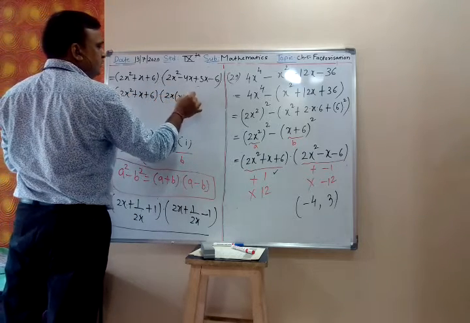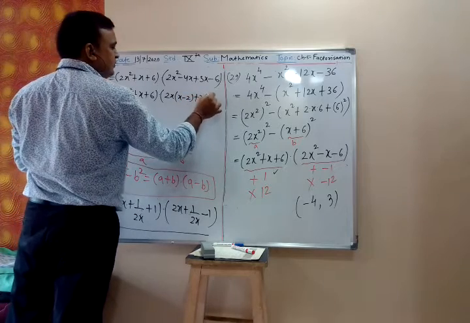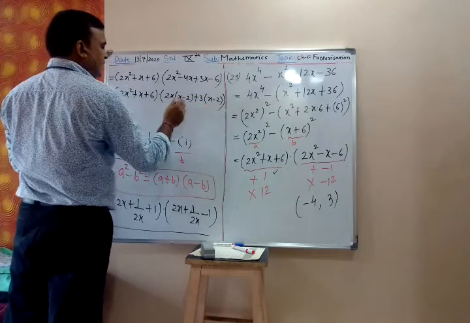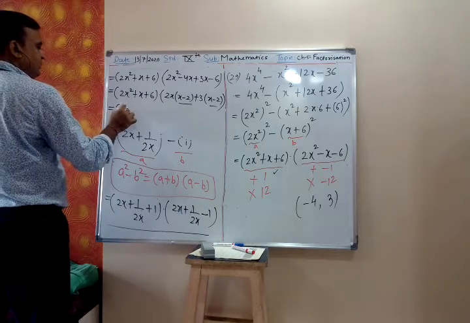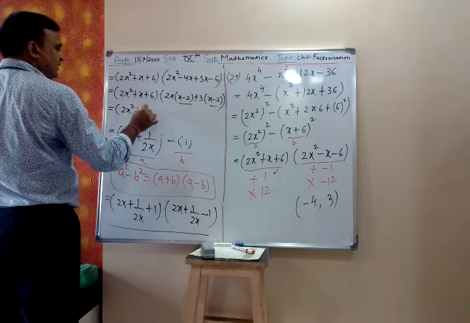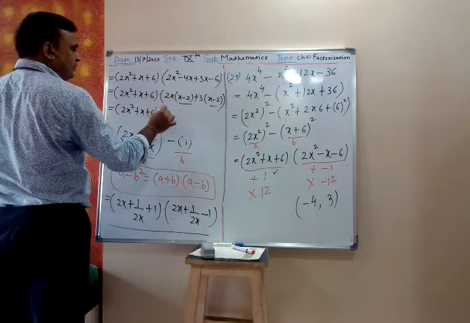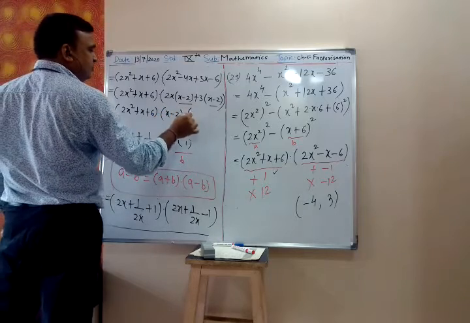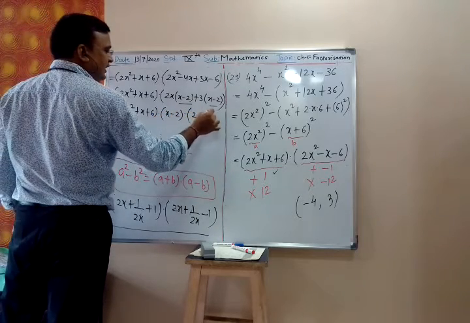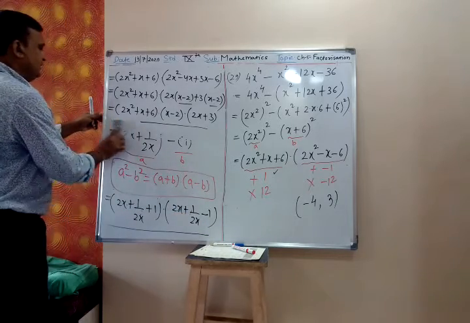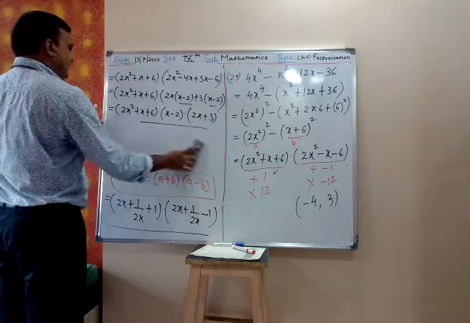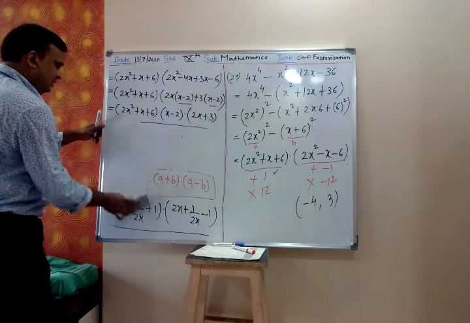X minus 2. Plus 3 is common, x minus 2. X minus 2 is common, so what is left? 2x plus 3 is left, and this is the answer. So the first one I cannot factorize. The first one is not factorizable.